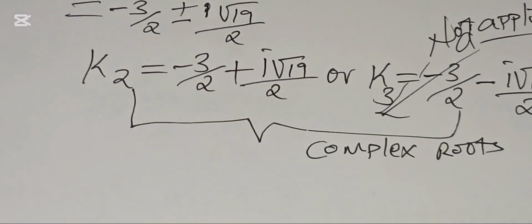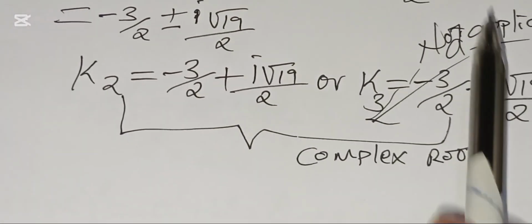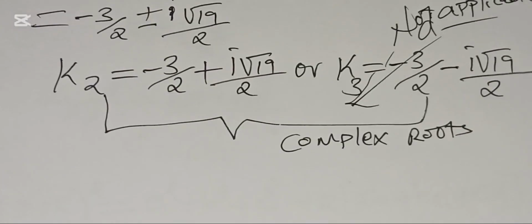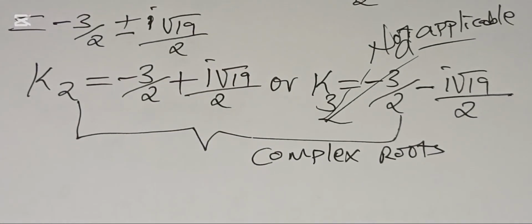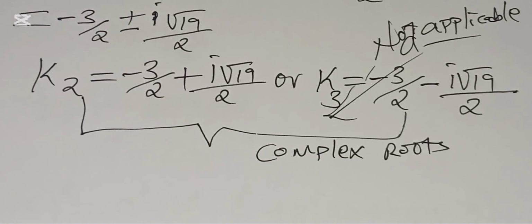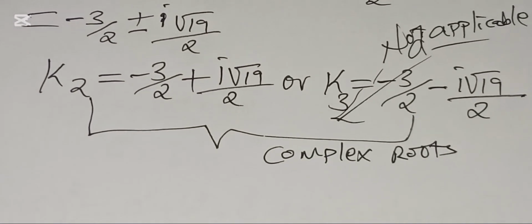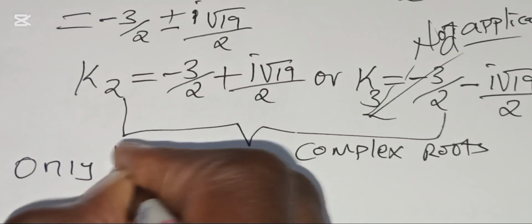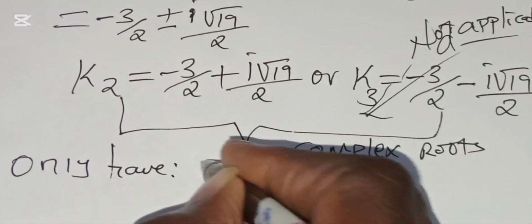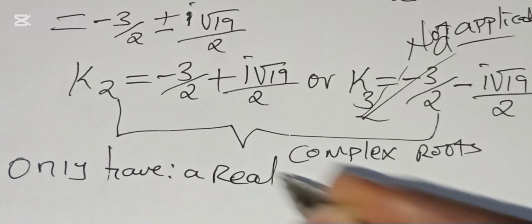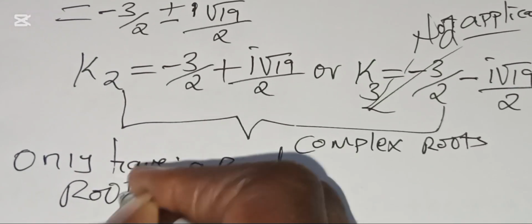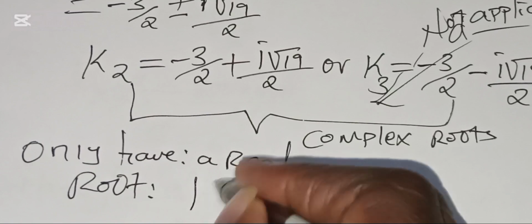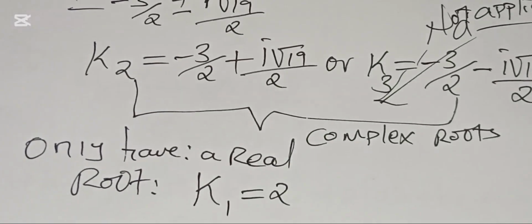We will not be able to solve for the value of x given these imaginary roots, because if we determine the logarithm of k2 and k3, it is actually undefined. So we only have one real root, which we express as k1, which is equal to 2.